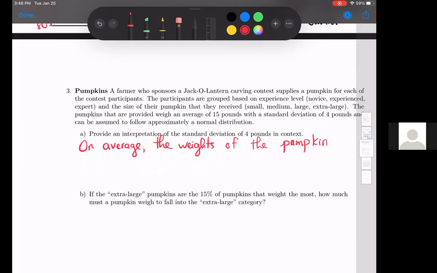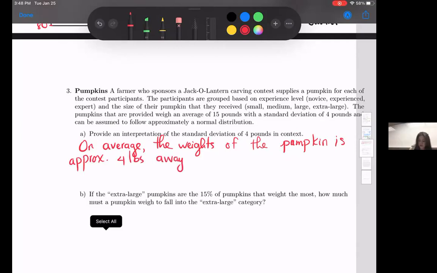Is approximately 4 pounds away from the mean weight of 15 pounds.